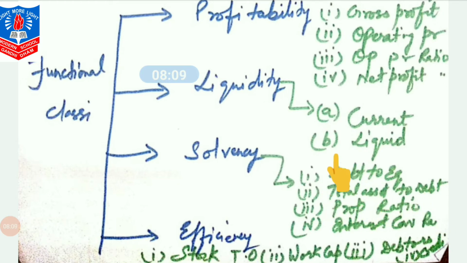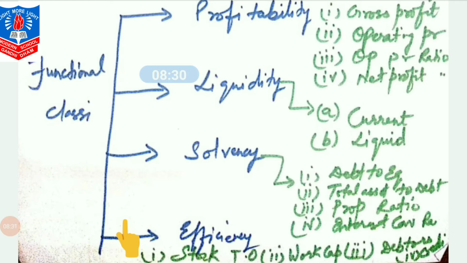These 4 are solvency ratios. Last but not least is efficiency. Efficiency ratios are of 4 types: stock turnover, working capital turnover, debtors turnover and creditors turnover. This way we have all ratios covered.